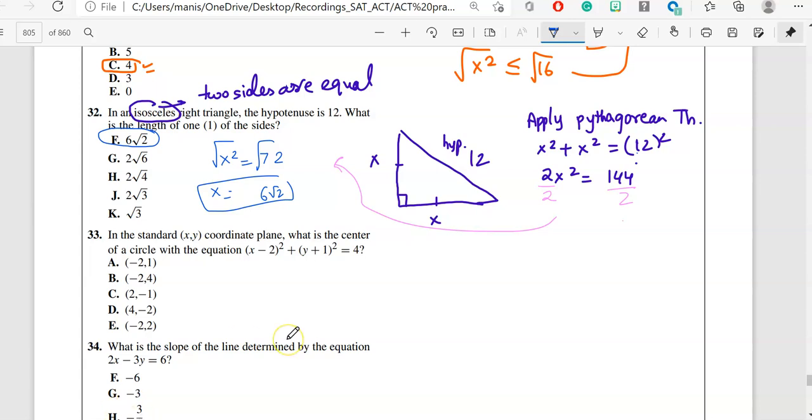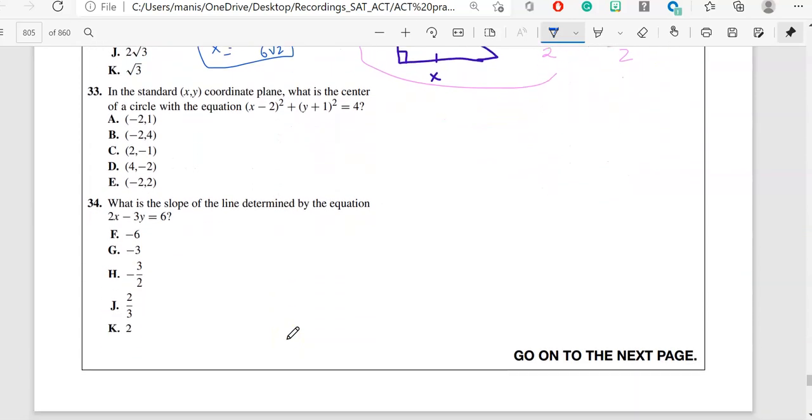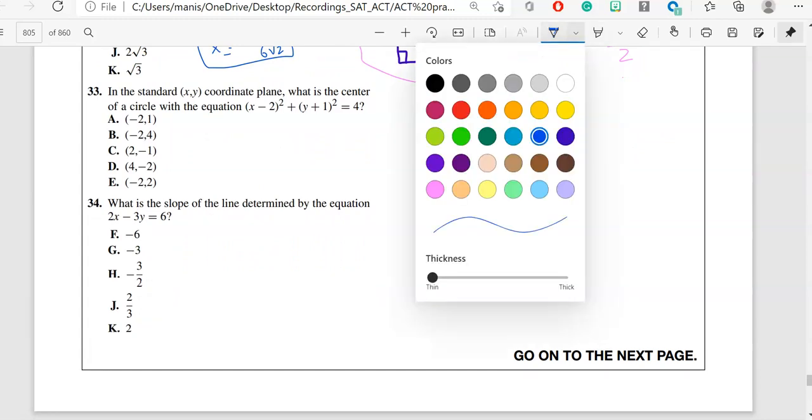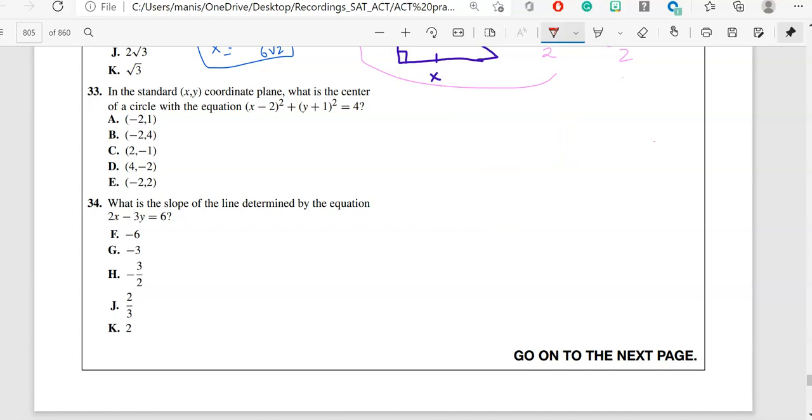Okay, now let's look at question number 33. I will change the color of my ink over here. In the standard XY coordinate plane, what is the center of a circle with equation x minus 2 whole square plus y plus 1 whole square equal to 4?